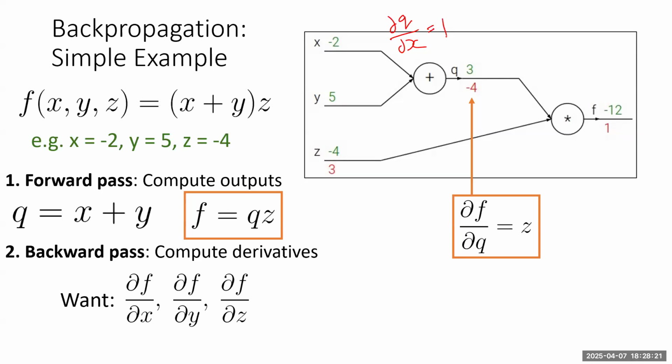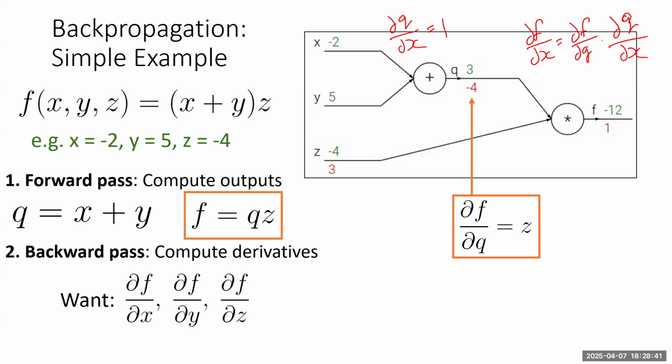The second one is constant with respect to x. So the derivative is 1. Now, I can say that the derivative of f with respect to x equals the derivative of f with respect to q times the derivative of q with respect to x.